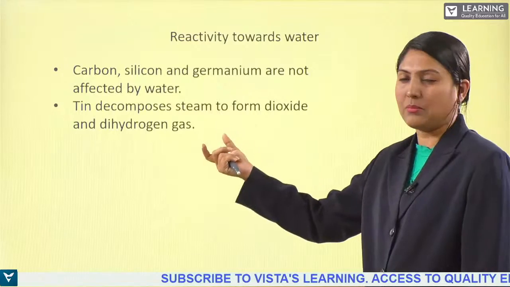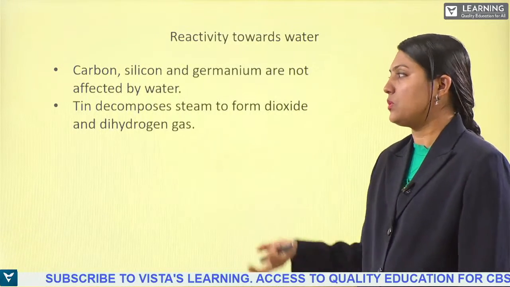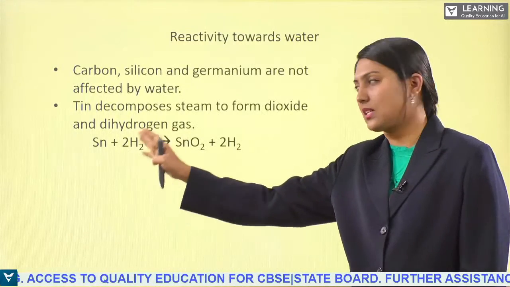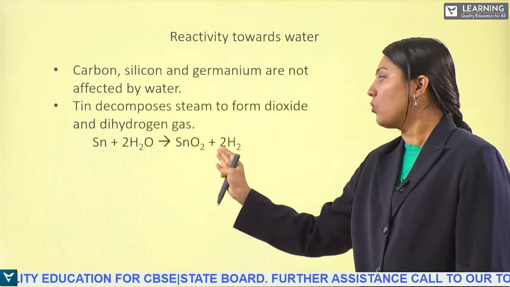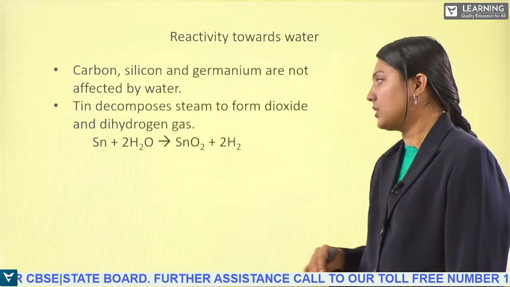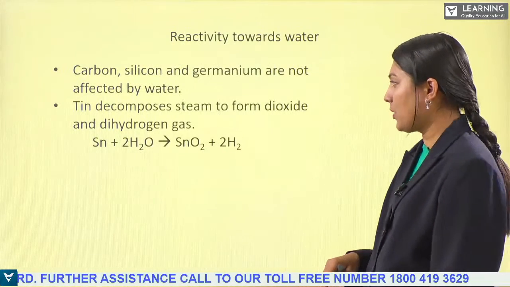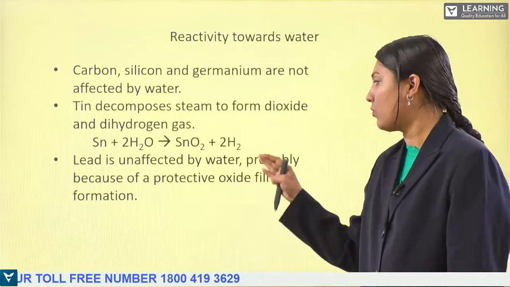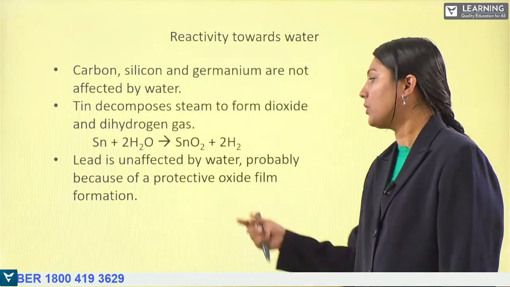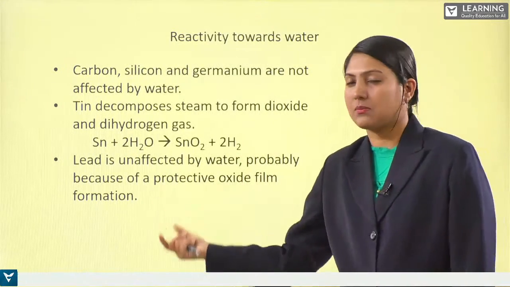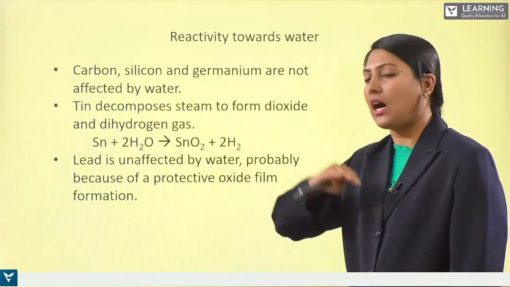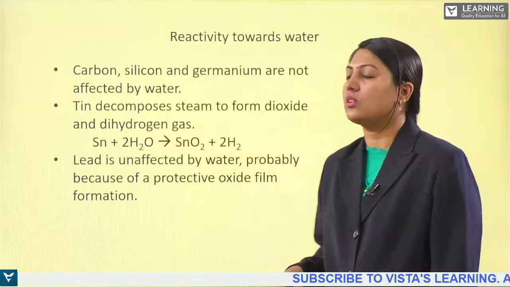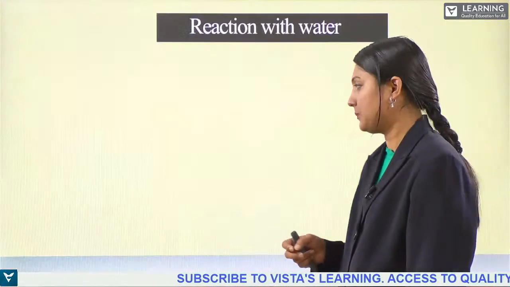That means in presence of tin, the water decomposes to hydrogen gas and we have the dioxide of tin formed. Lead is unaffected by water, probably because of the protective oxide film which is formed. Means it will have an outer layer formed by the oxide. So what happens? It will not allow the lead to react.